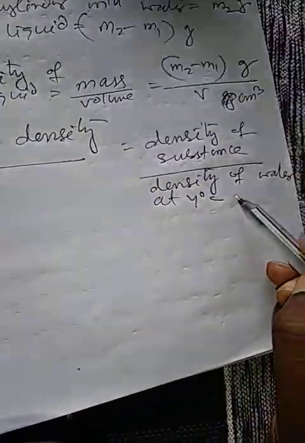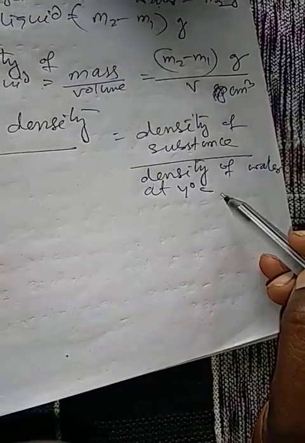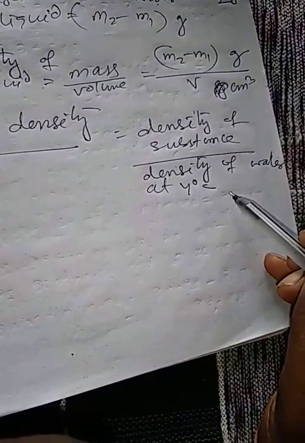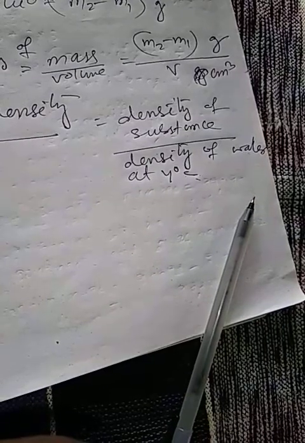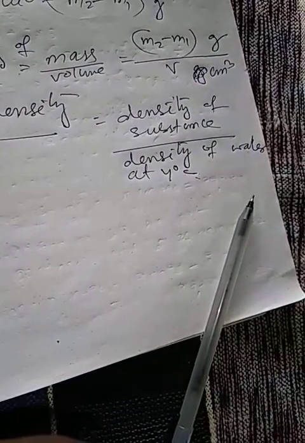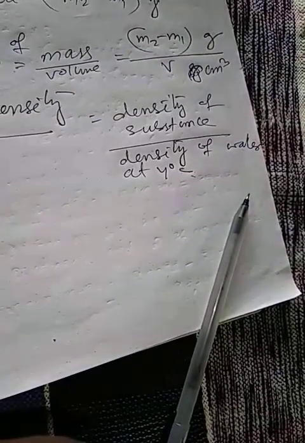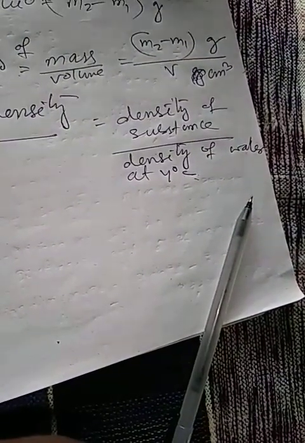Here the density of water at 4 degrees Celsius is taken because the density of water at 4 degrees Celsius is highest. That is why the temperature 4 degrees Celsius is mentioned. Relative density has no unit because it is a ratio of two similar quantities. It is a ratio of two densities, so it has no unit. It is a unitless physical quantity.